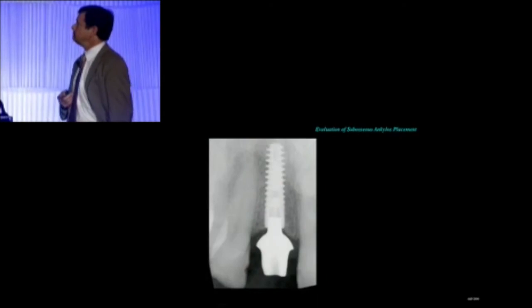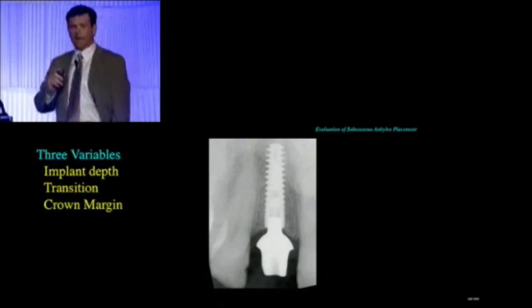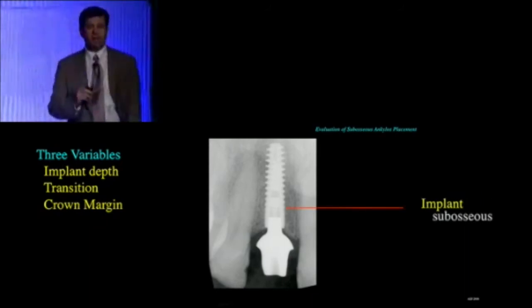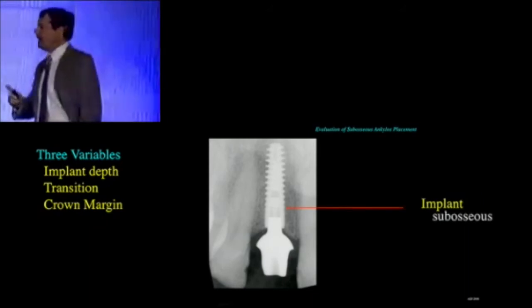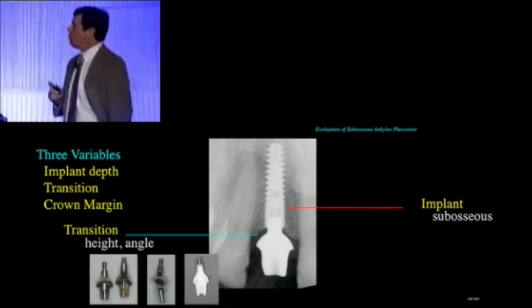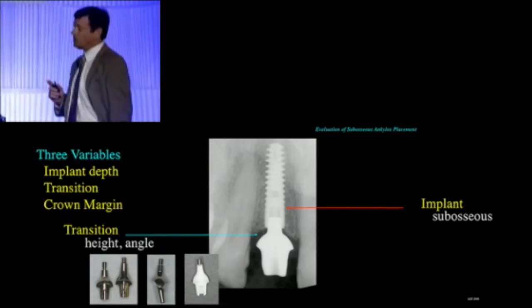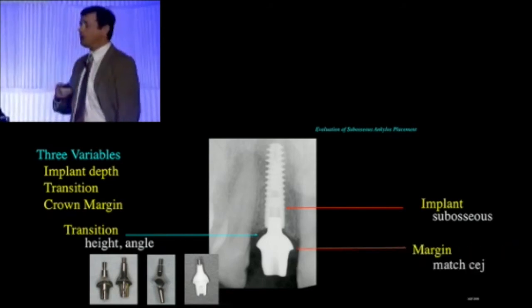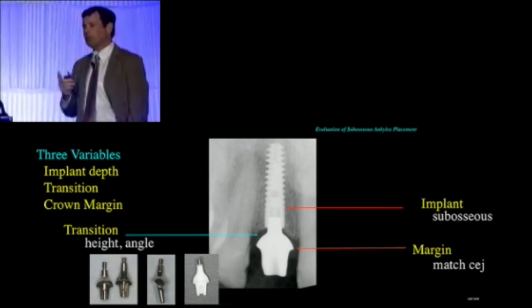So when I think about what I do in my practice on a day-to-day basis, I look at an implant, ankylosing implant, and the abutment, and the restoration in 3 parts. One, I'm always thinking about subosseous placement and the variability of that. 2, I look at the abutment as a transition component.